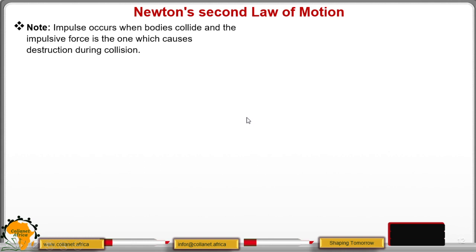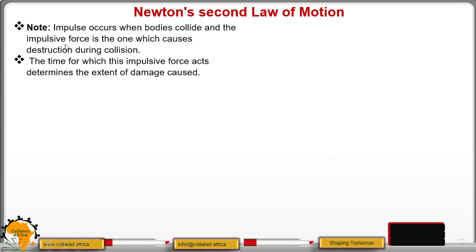Note that impulse occurs between bodies that are colliding, and the impulsive force is very great and can cause destruction. That is why, if a car collides with another, that car is destroyed because of that impulsive force.